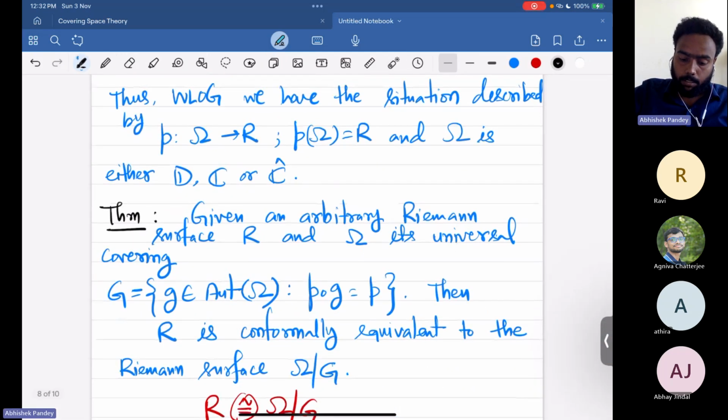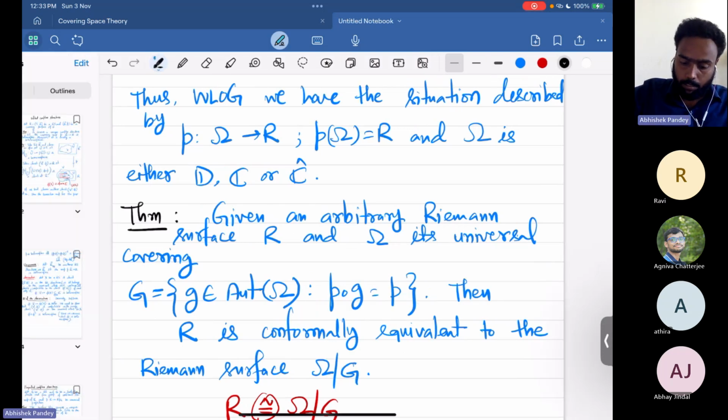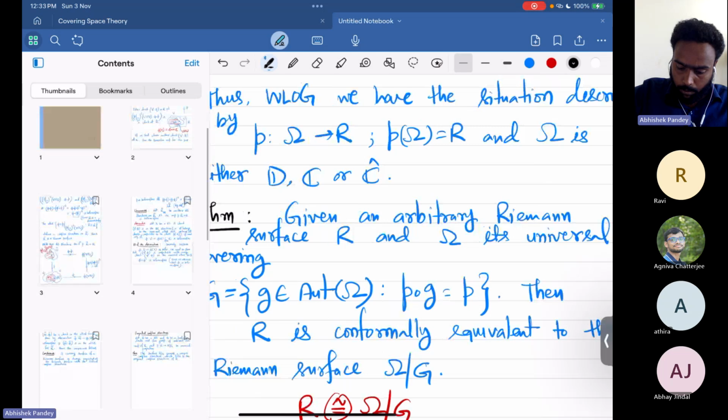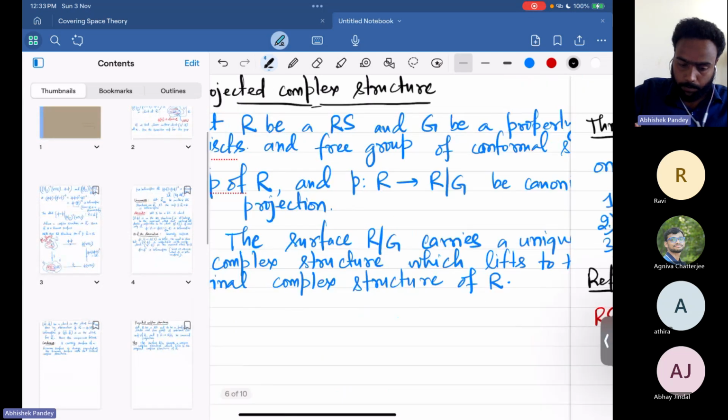Omega is nothing but the unit disk, the complex plane, or the extended complex plane, so that is a Riemann surface. Now we are taking the quotient modulo G. So omega by G again has a Riemann surface structure coming from the Riemann surface structure of omega, like the projected complex structure I mentioned.